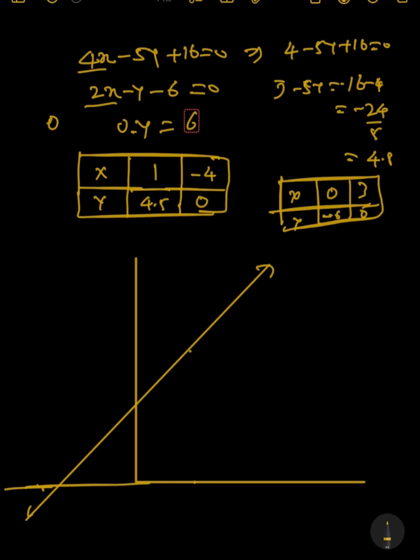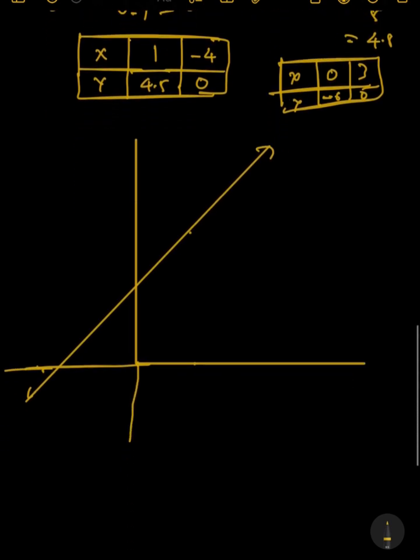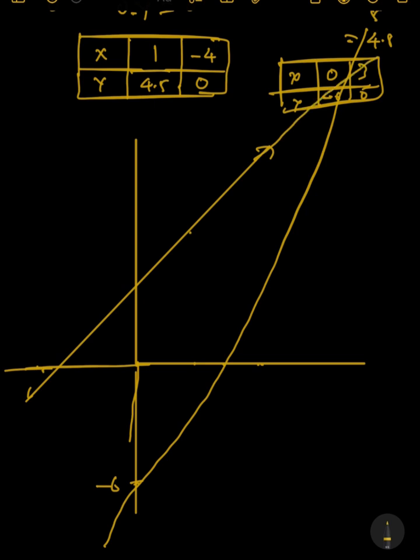So x equal to 0, y equal to minus 6, and y equal to 0, x equal to 3. Suppose here is 3. Okay, so we draw like this, and here a point will meet.